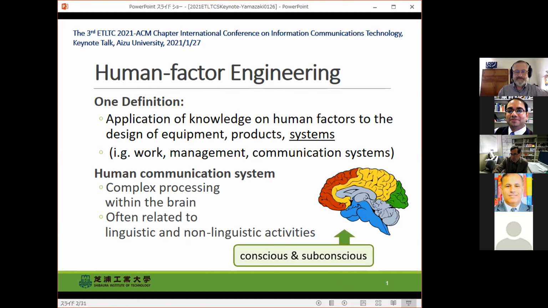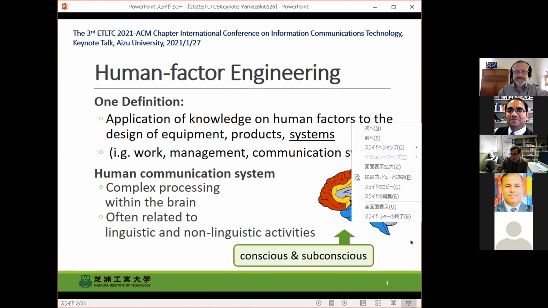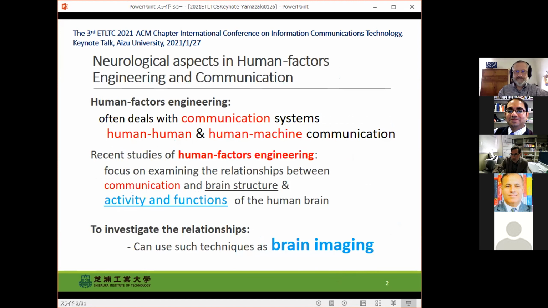So now many researchers in engineering, and in particular researchers in human factors engineering, try to figure out communication systems in terms of brain activities.